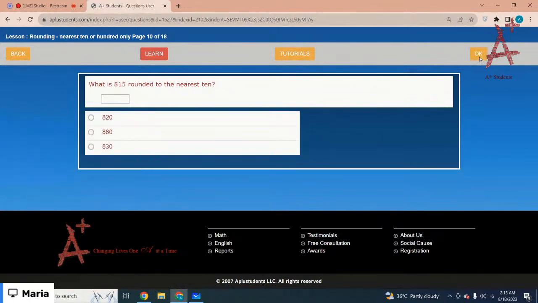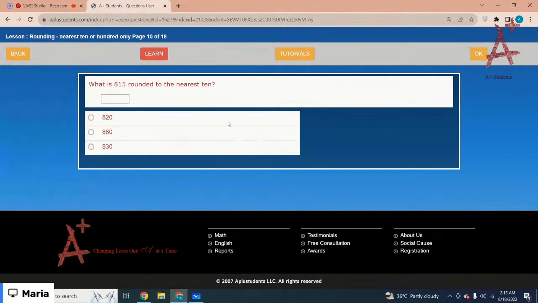Okay, the next one is what is 815 rounded to the nearest 10? You have to round the 10 digit, right? So 815 is rounded off to, yes, very good.